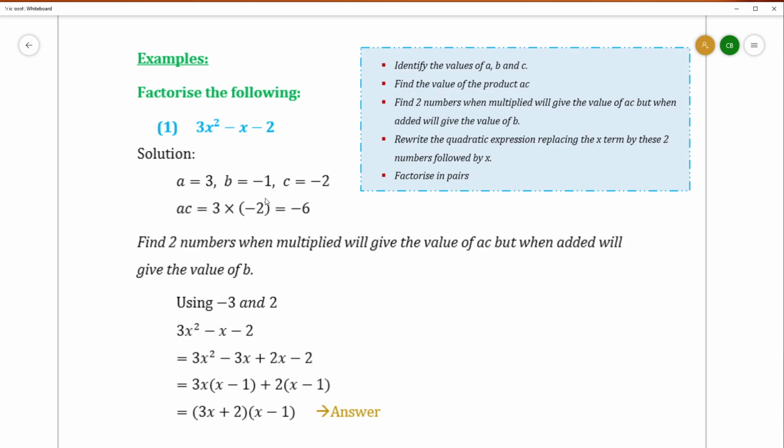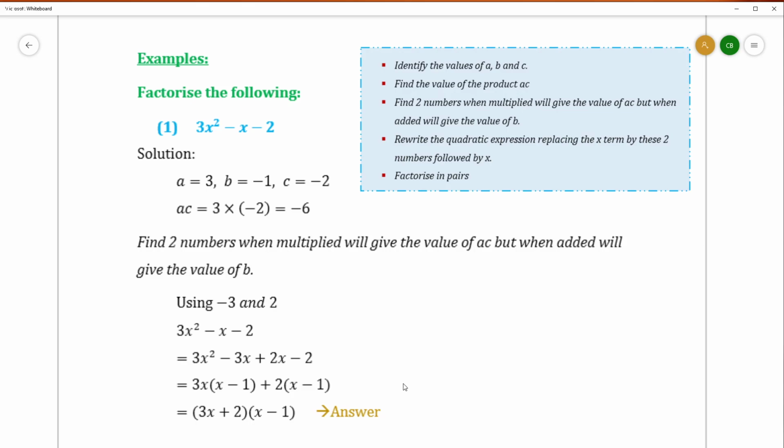So just as we did in our first video, where we listed all the possible combinations of numbers that multiply to give minus 6, and then figured out which combination will give us the value of b when we add them, it's a similar process. So on the side, we could look at numbers that would give us minus 6 when we multiply.